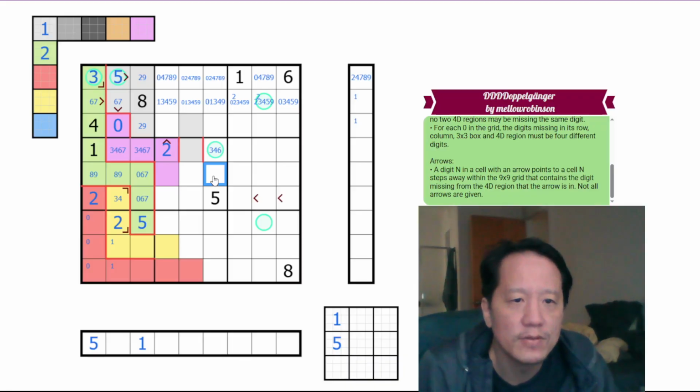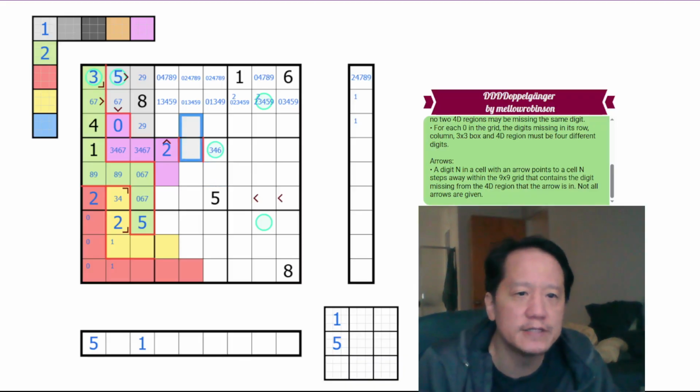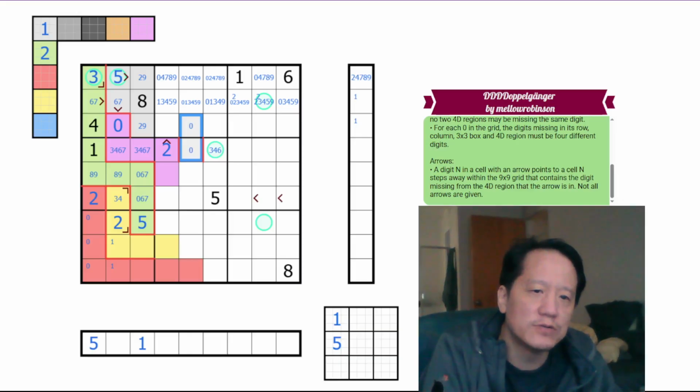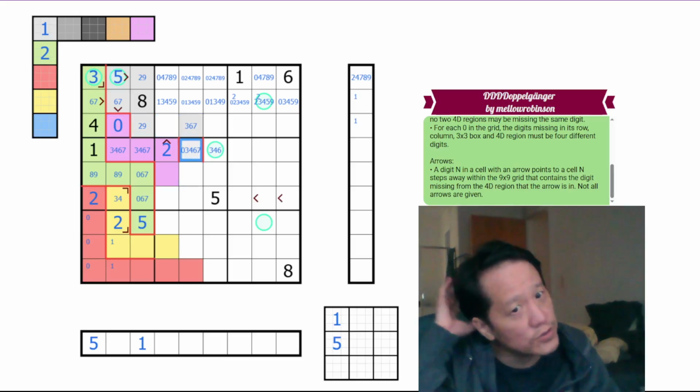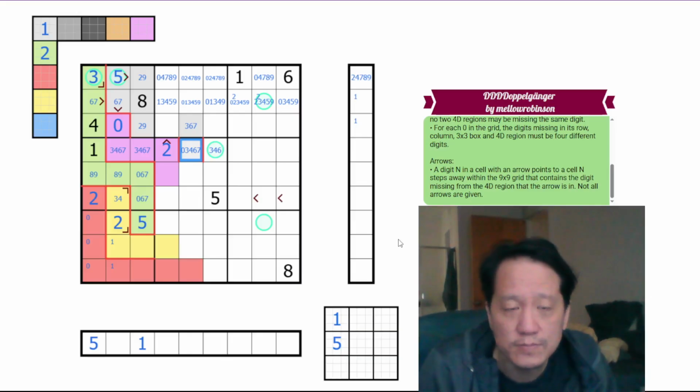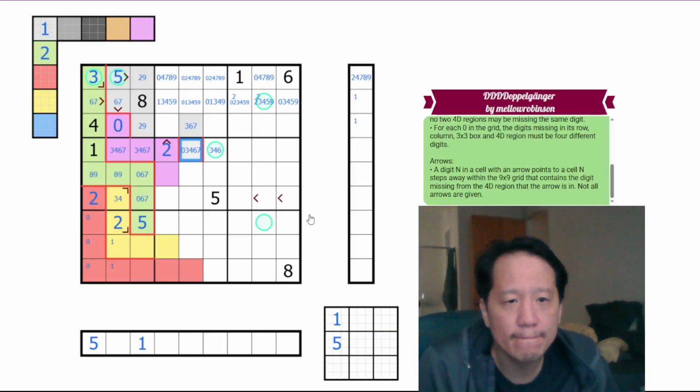Okay. Remaining digits in light cannot be... There could be 0, no 1, no 2, could be 3, 4, no 5, 6, 7, no 8 or 9. This can't be 0, 4, because 0, 4 in the row. This could be 0. Oh, this 0 cannot be missing a 1 in the row because it's already missing a 1 in the box.